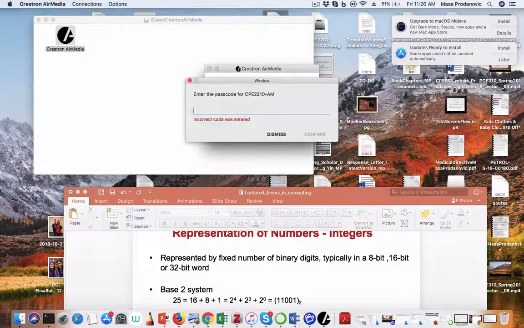It so happens it's a nice number because I designed it that way. That's why it's in my slides. So 0.5 is my largest power of 2 that I can fit, and what I have left is 0.25, and by design both are powers of 2. So this is 1 times 2 to the minus 1 plus 1 times 2 to the minus 2, which is 0.11 in base 2.